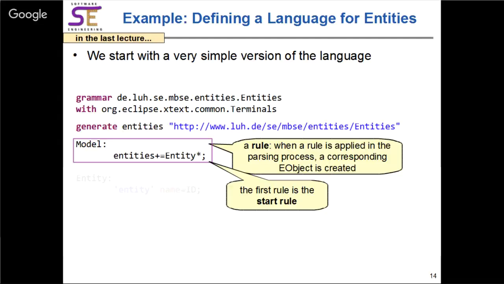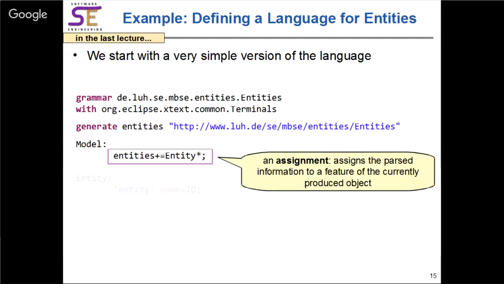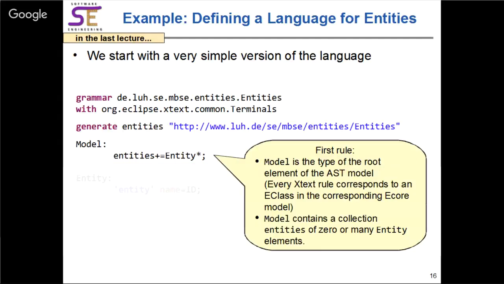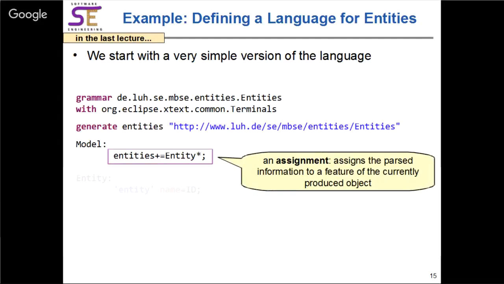This is provided by zero or more entities that we will parse with a subsequent rule called entity. This is also called an assignment. So we assign information parsed by the subsequent rule entity to this collection attribute entities.